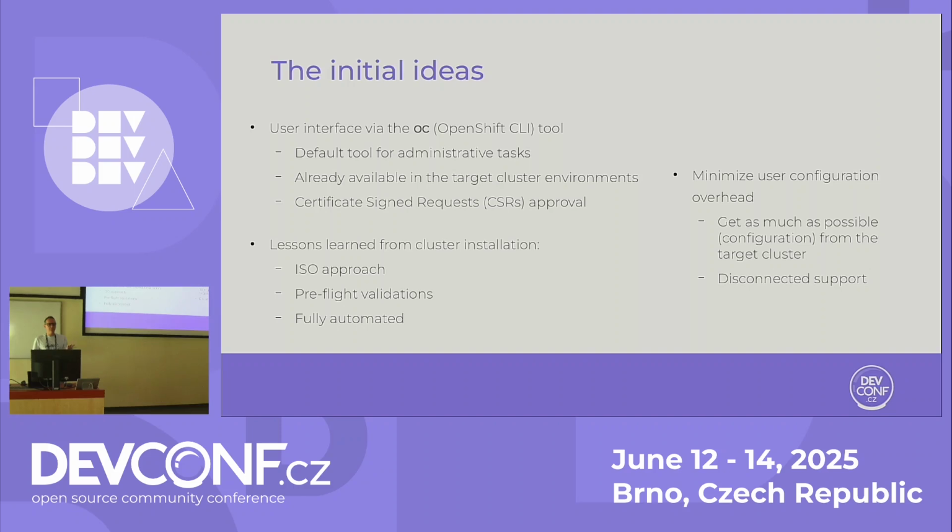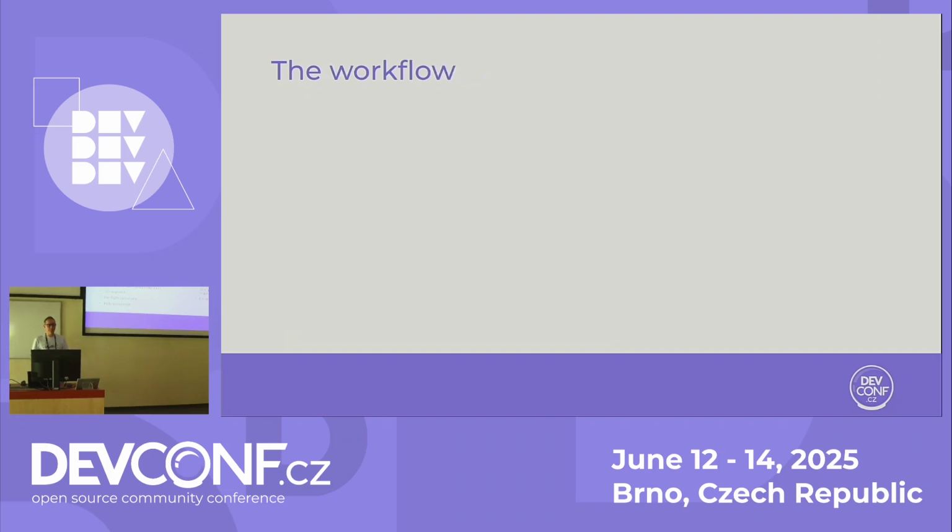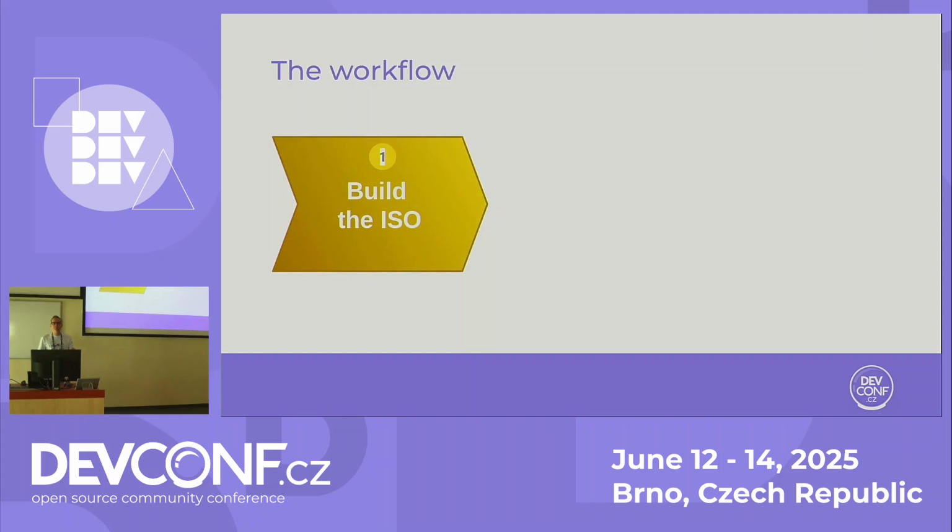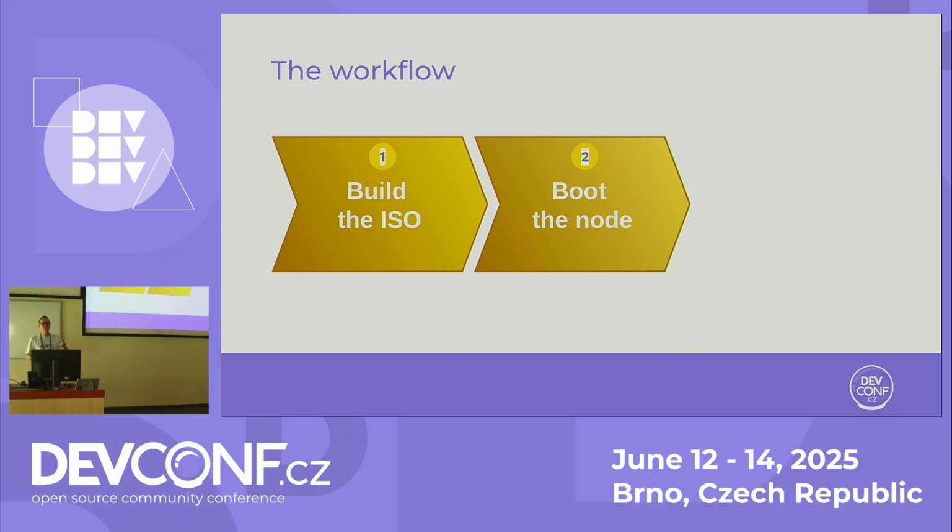So on these three pillars, we designed the workflow, which was based on three simple steps. Step number one, you build the ISO. In this moment, you create a single ISO that contains all the ingredients for backing the joining process. The second step was, let's boot the node.